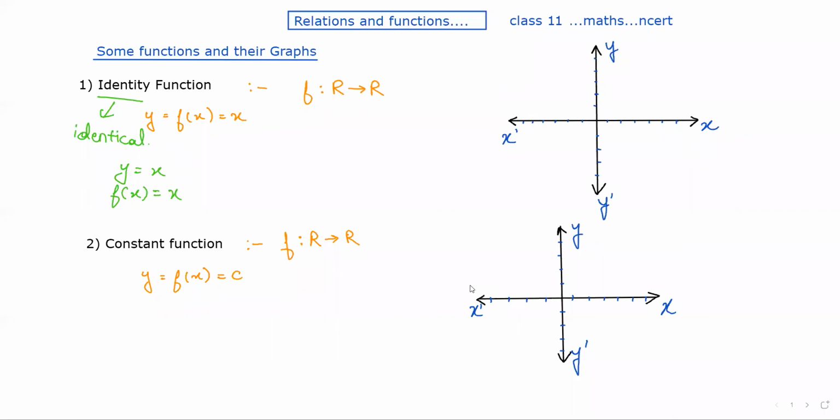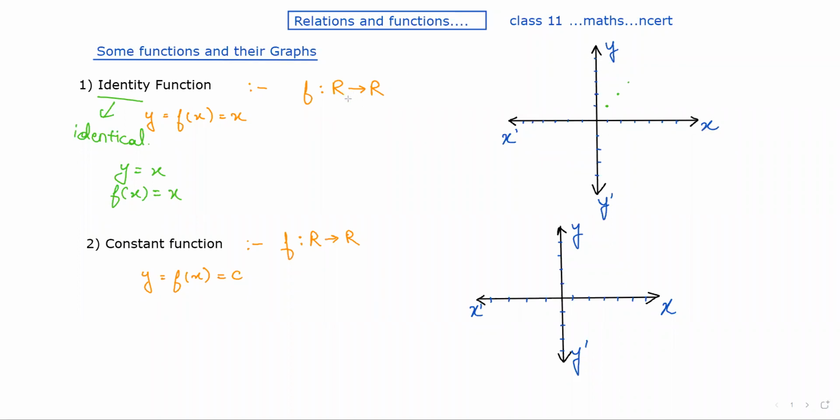Here, you can plot this on a graph. At x equals 1, you get the value 1, y equals 1. At x equals 2, y equals 2. At x equals 3, y equals 3. In short, if you place all these points over here, for all values of x you'll get all values of y.